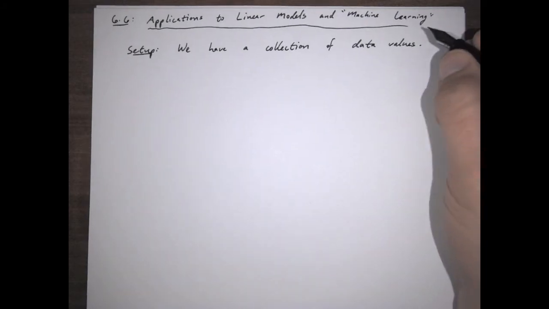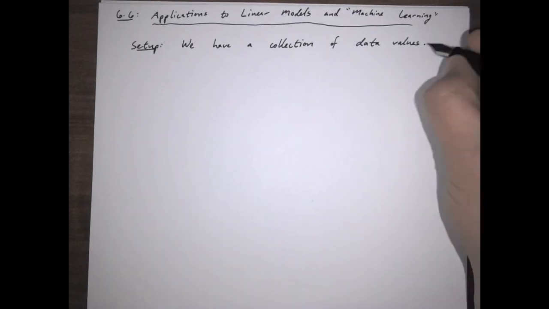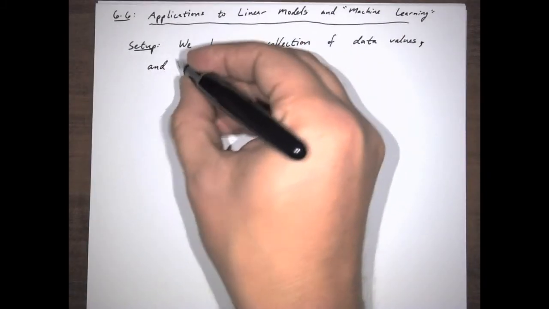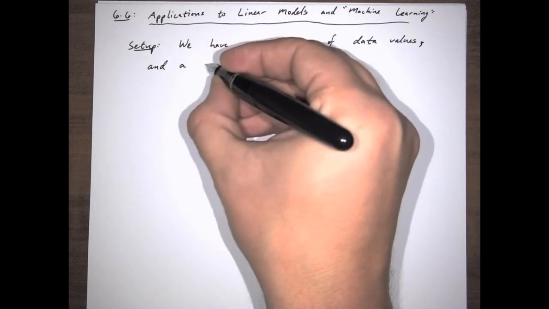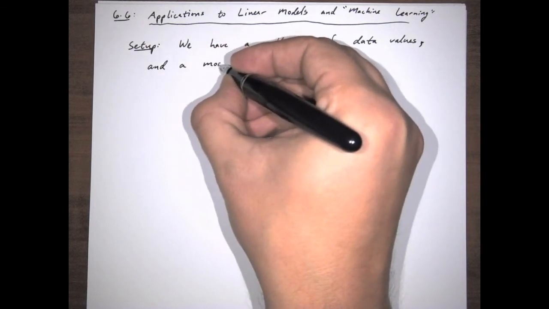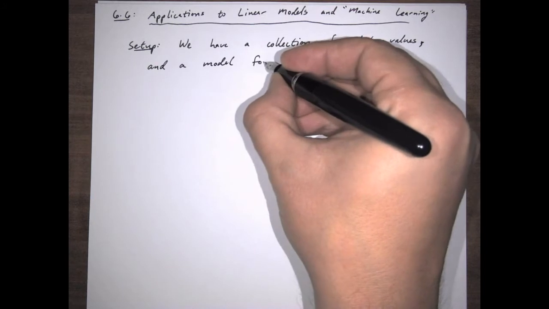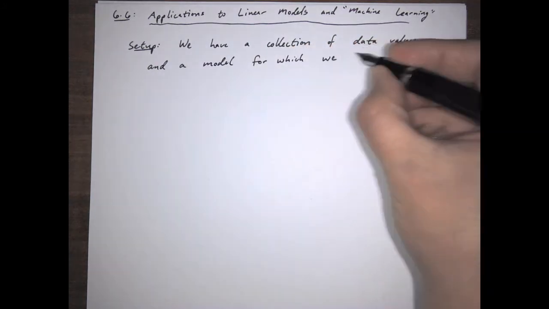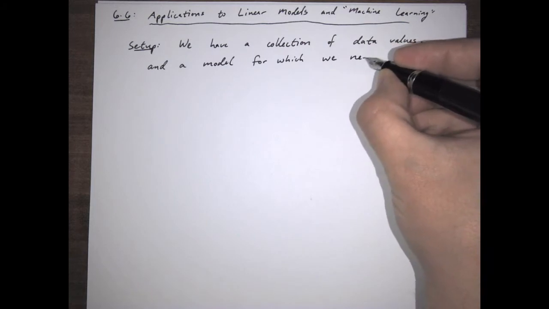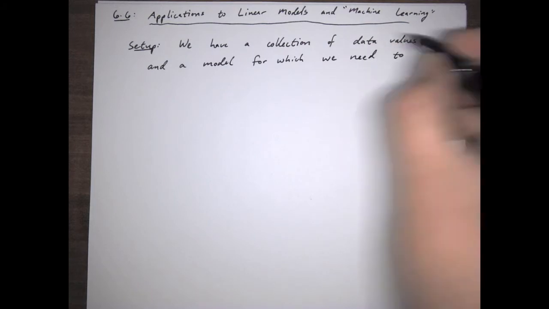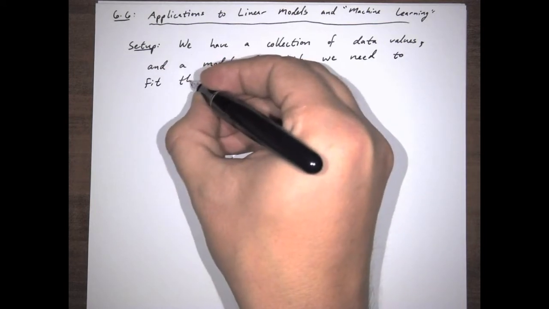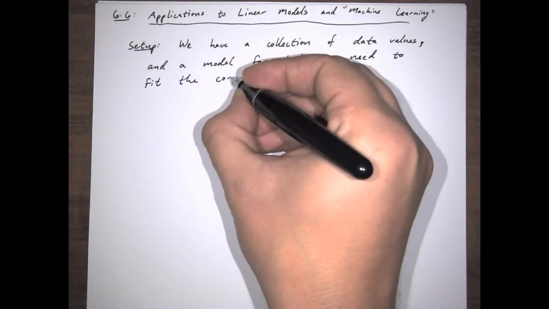So let's just keep it vague. We have a collection of data values and a model for which we need to fit the coefficients.